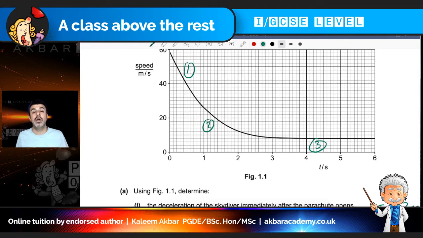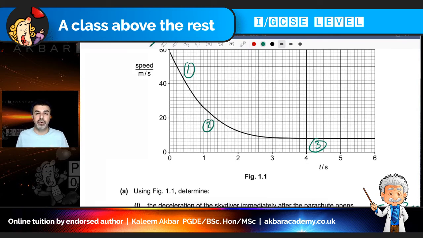Why is that? Well, basically, when an object speeds up, air resistance increases. Then it stands to reason if an object slows down, air resistance also decreases. So what's happening here is the skydiver is slowing down, the weight's not changing, but the air resistance is decreasing because the skydiver's slowing down.